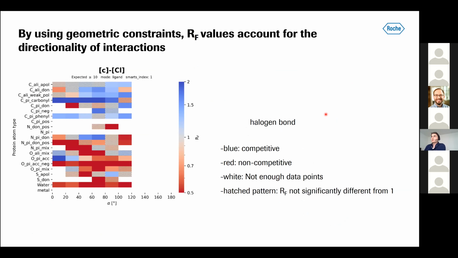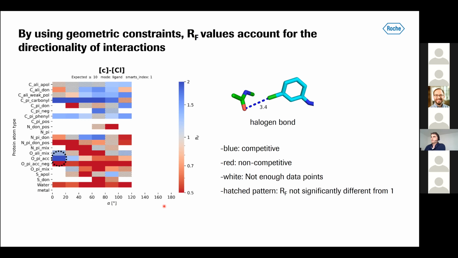Additionally, I mentioned earlier that not only interaction strength, but also the directionality is crucial to evaluate and characterize interactions. So we also constrain our RF calculations by geometric constraints. And you can see in this heat map now, again, a plot of RF values for chlorine versus different protein atom types, but now constrained by a contact angle.